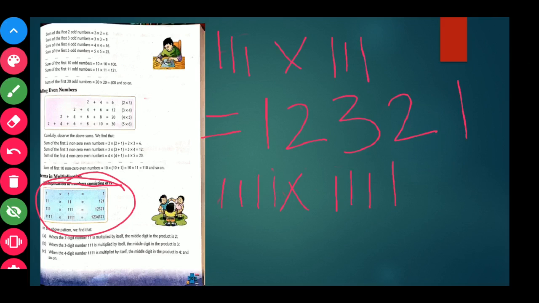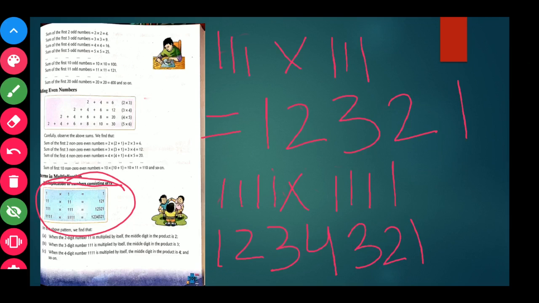Count up to 4, because here 1 is given 4 times, so we will count up to 4: 1, 2, 3, 4, and then back counting up to 1. After 4, back counting 3, 2, 1. Now you can see the answer. Easy?